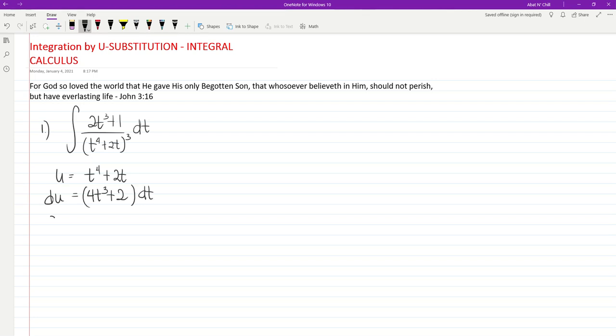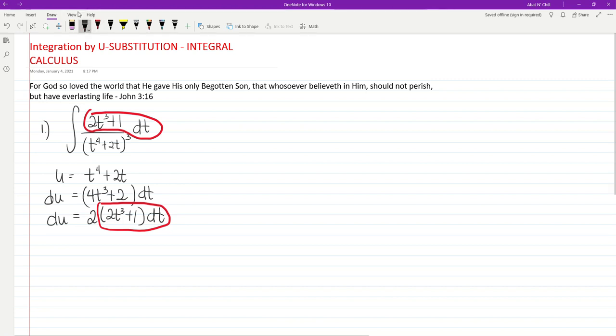If we factor out 2 here, we have 2 times 2t cubed plus 1 dt. As you can see, this portion of our du is the numerator of our integral. So we have 2 here, and there's no problem.